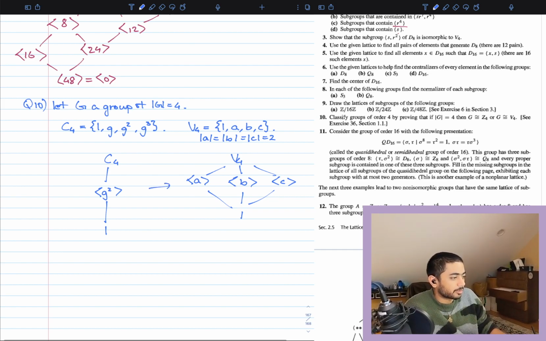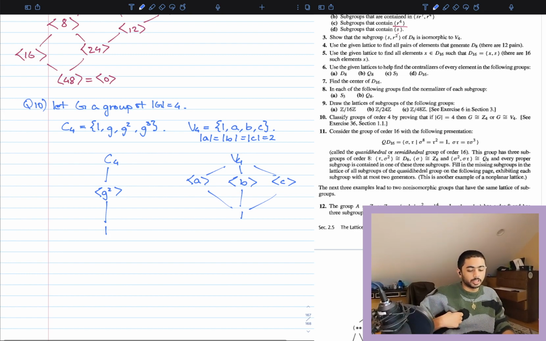So these groups have a very different lattice structure. So I'm guessing if we can use some theorem to show that a group of order 4 has got to have either one subgroup of order 2 or 3 subgroups of order 2, then we'll be able to show that it has to be one of these 2 groups.